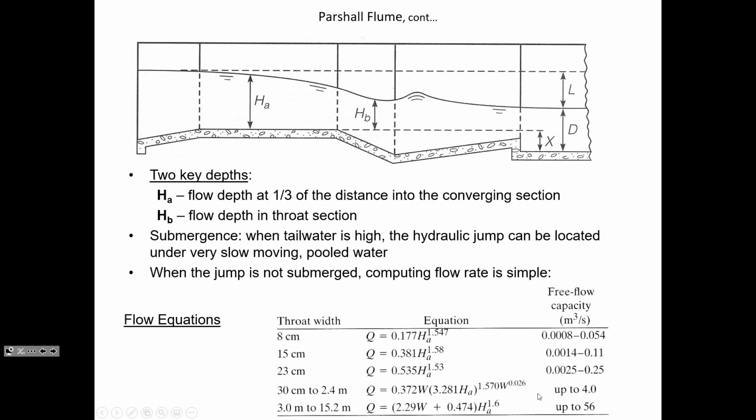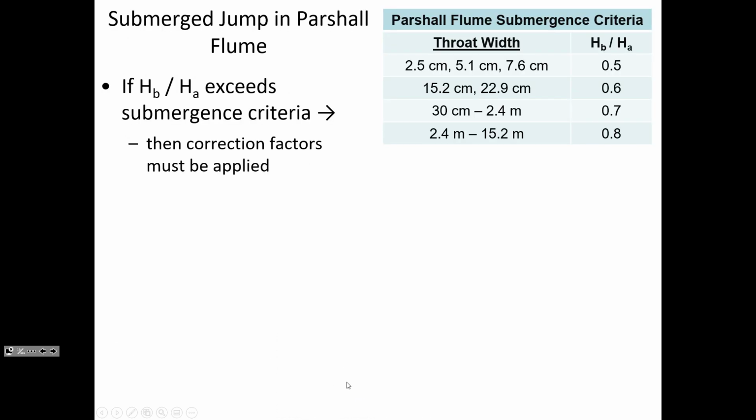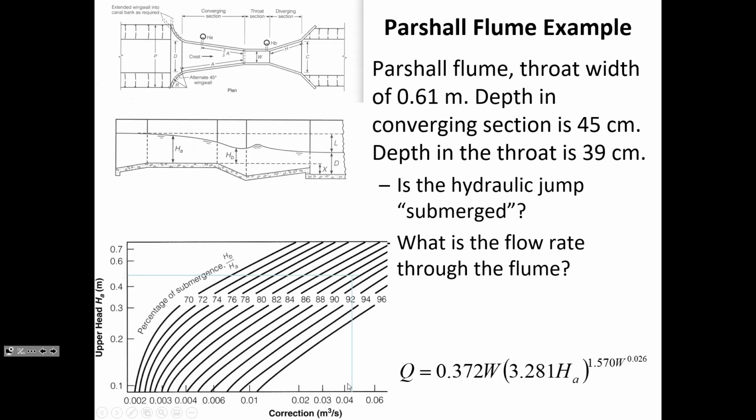Okay, so this is our base equation. And so the first thing we would need to do in this example is check the submergence. And so the upstream depth, H sub A, in the converging section is 45 centimeters.